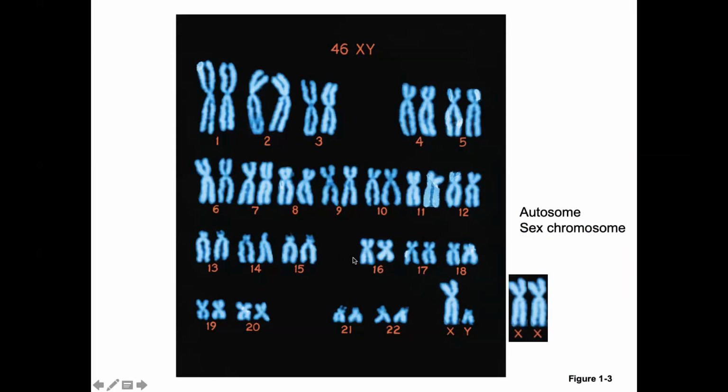So even though the chromosomes are similar size, the placement of that constriction is different, and it allows you to distinguish between the two different chromosomes. Okay, so that constriction is what we call a centromere. And again, the centromere has an important function during cell division, specifically during mitosis and meiosis.